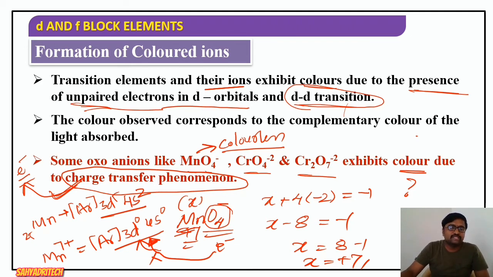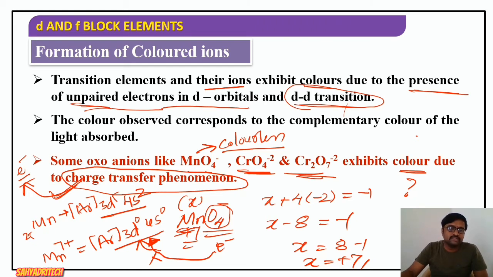So we say color is observed due to transfer of an electron from the oxygen atom to manganese. The same thing happens in these compounds also. Once an electron is transferred to the empty d orbitals of manganese, the compound exhibits color. So charge is transferred, therefore the compound exhibits a color.